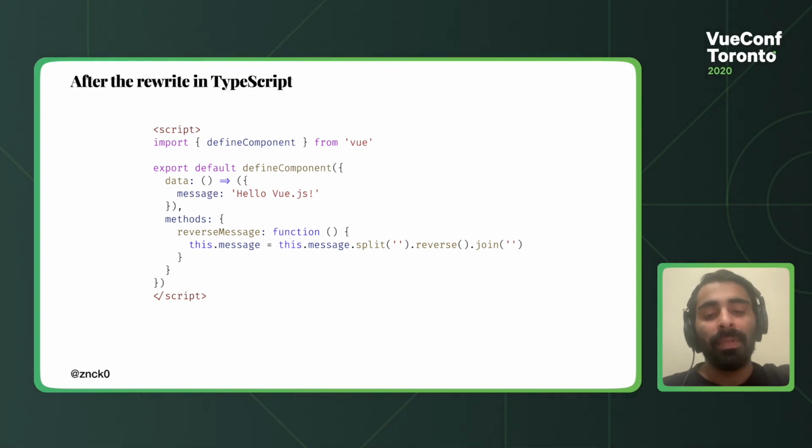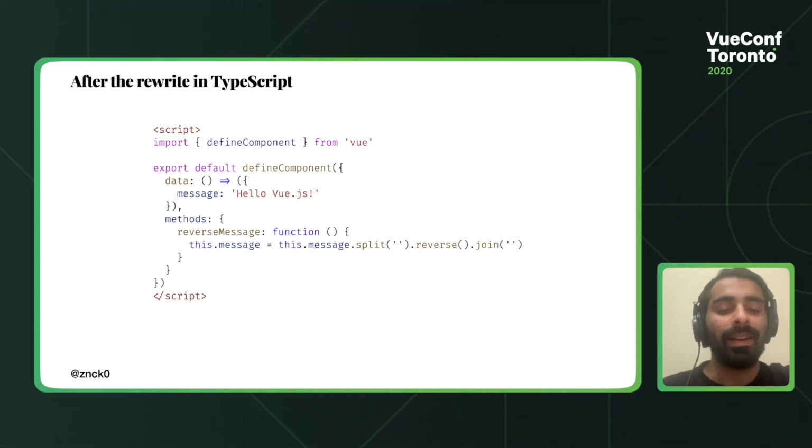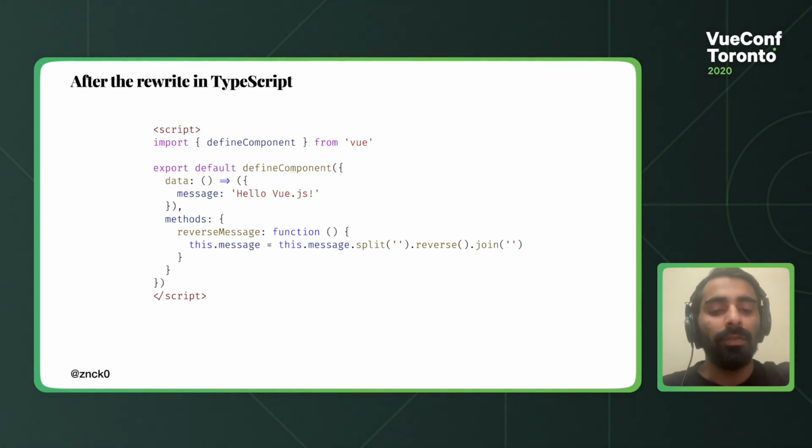Basically you can take this snippet and put it in any file, in js file or ts file or a vue file. You will get same experience because the defineComponent method sets the this context of the object, the options object.